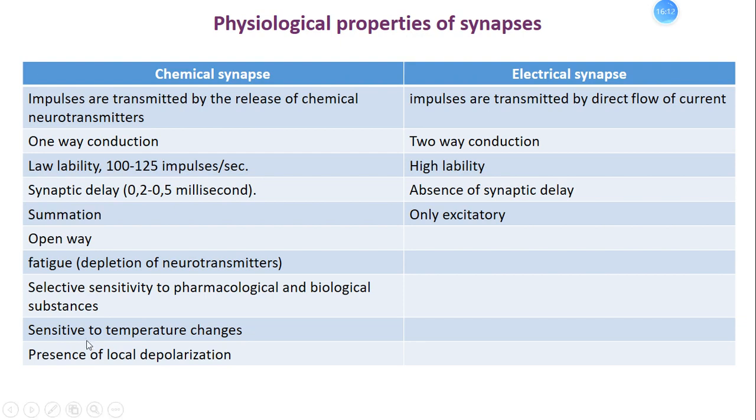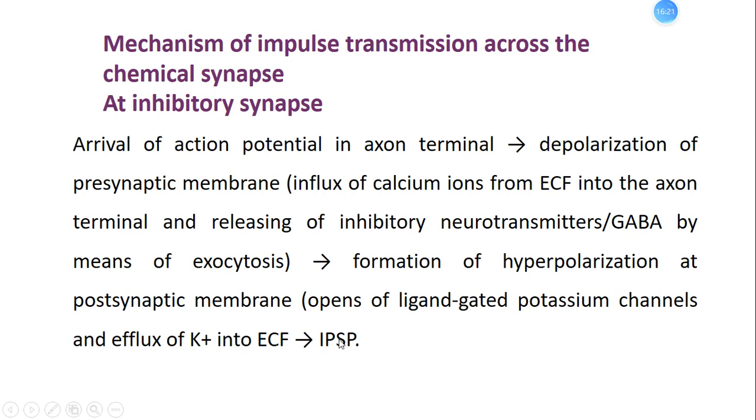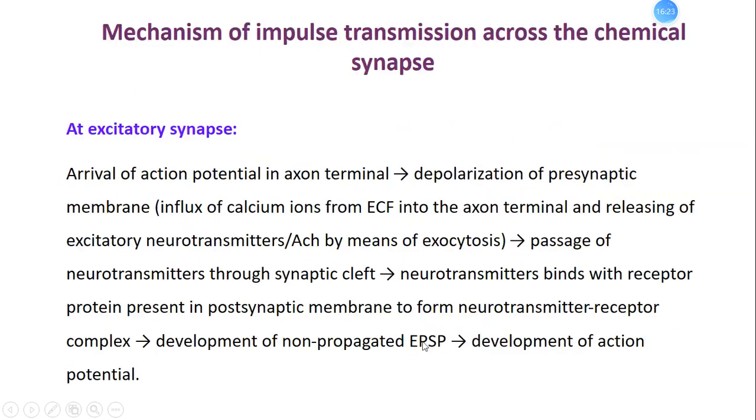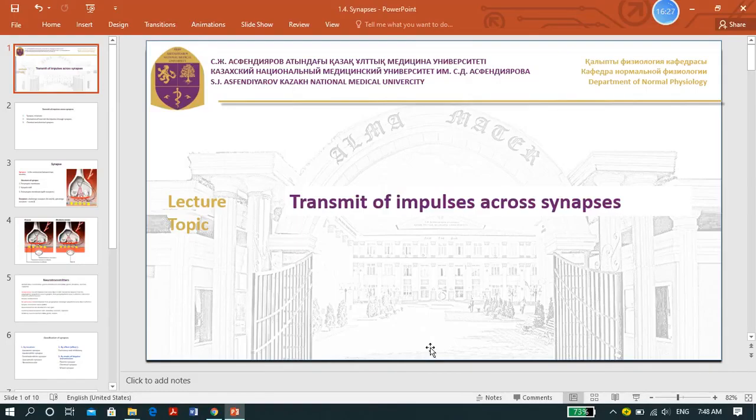They are also sensitive to temperature change, and there is presence of local depolarization. IPSP and EPSP are local depolarizations because they are non-propagated. And again, that's all. Thank you for listening.